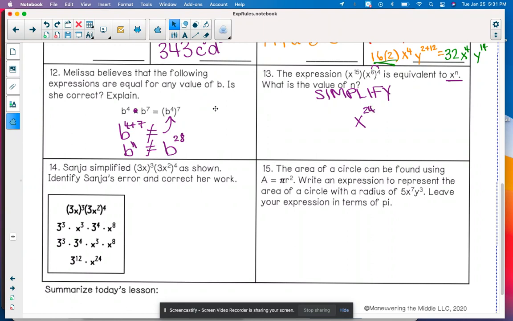Bring down your x to the 15 because we're multiplying. Parentheses represent multiplication. So when I add these two together, 15 plus 24 gives us x to the 39. So the value of n is 39.